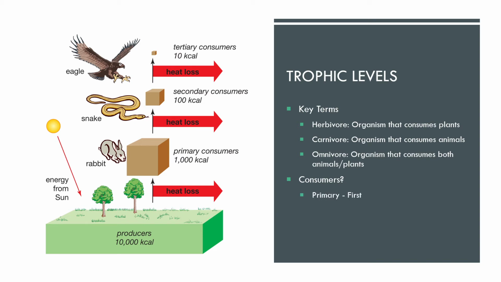Primaries, they're the first consumer. Those are the things that eat plants. Primary consumers eat plants. In this example, rabbit is going to be our primary consumer. Also in this example, snake is going to be our secondary consumer. That's the second thing in the food chain. They're the thing that eats the primary consumer.